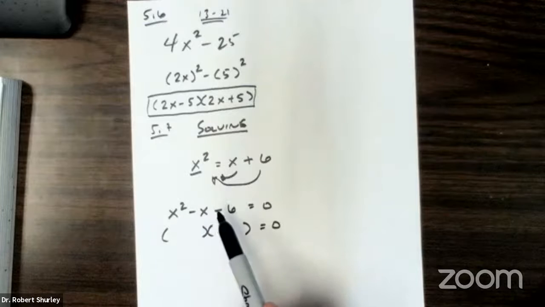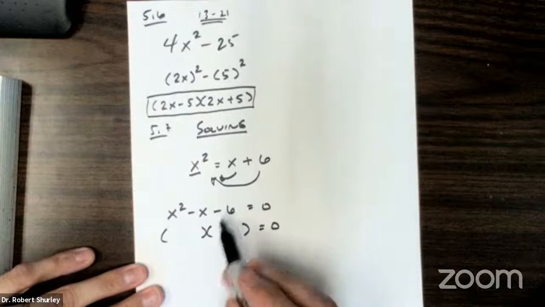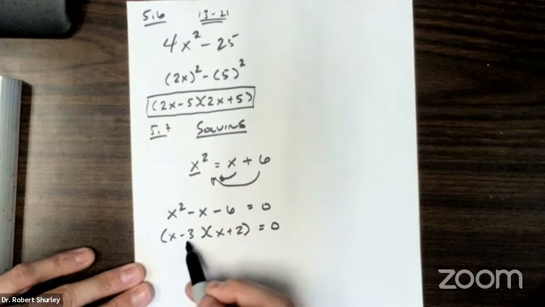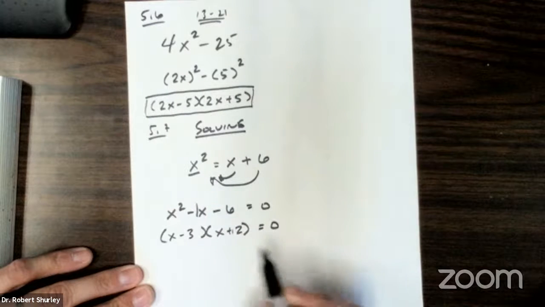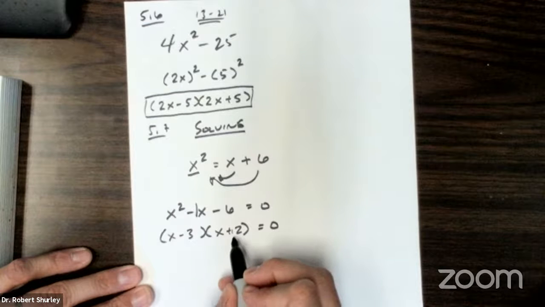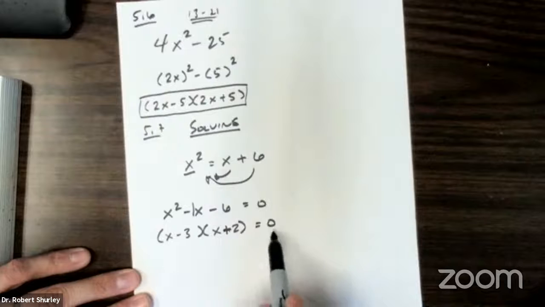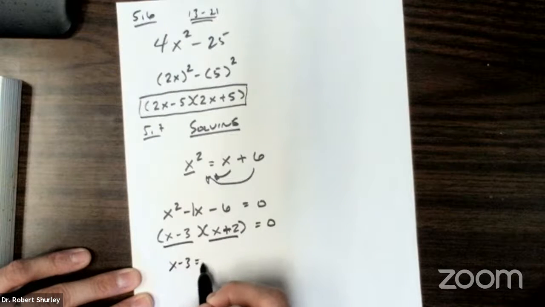So now this factors in that easy way, right? X minus 3, x plus 2. Multiplies to give you the negative 6, and then adds to give you that negative 1 there. So we set one side equal to 0, factor it, and set each of these equal to 0.